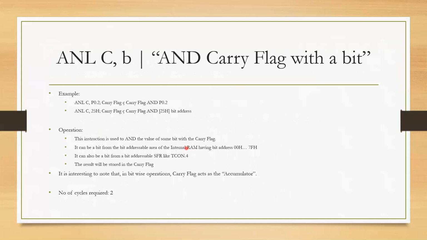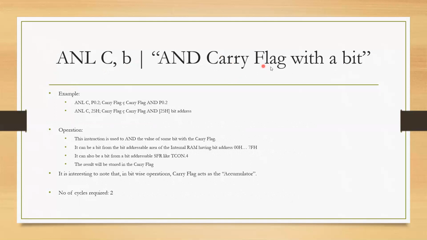The next is the logic operations. Logic operations can be performed on a byte of data and also on a bit of data. Here it operates on a bit of data: ANL C, B, that is AND the carry flag with a bit.